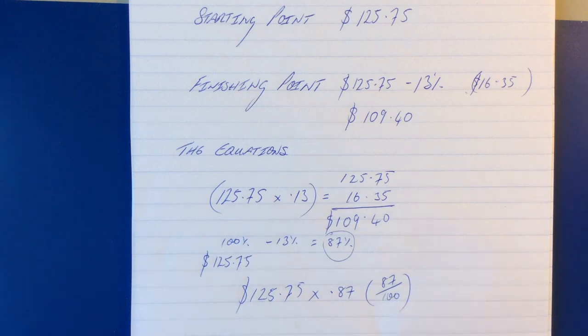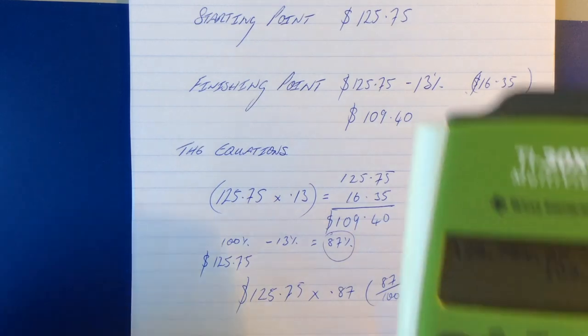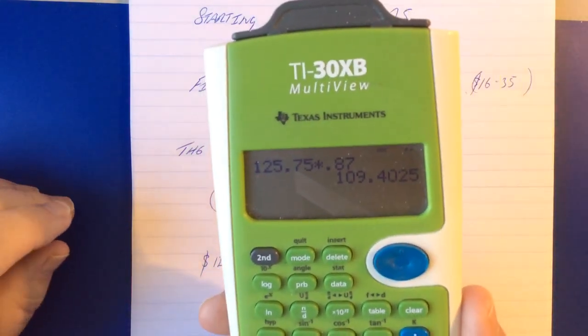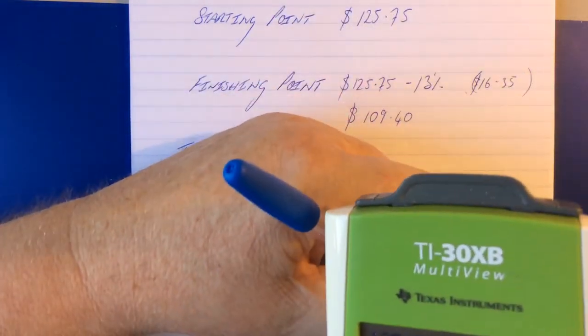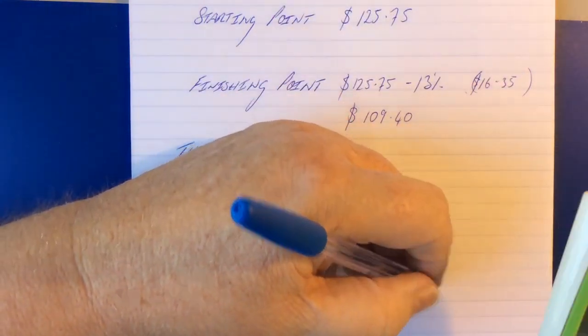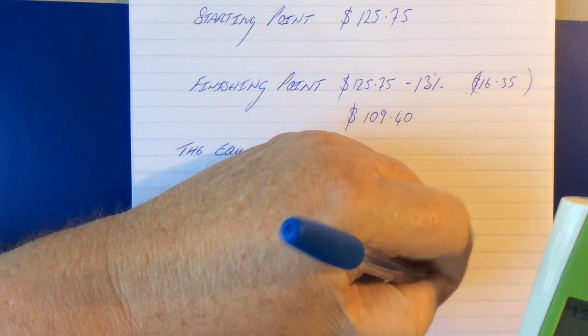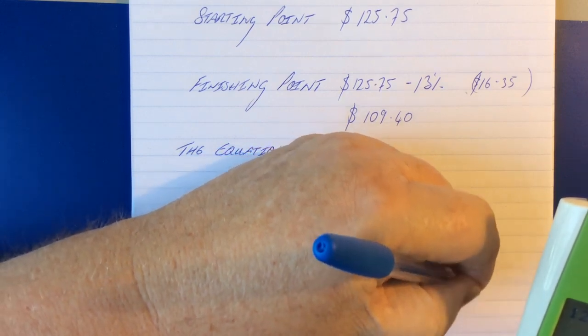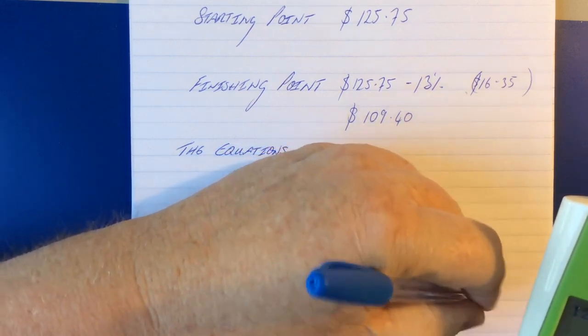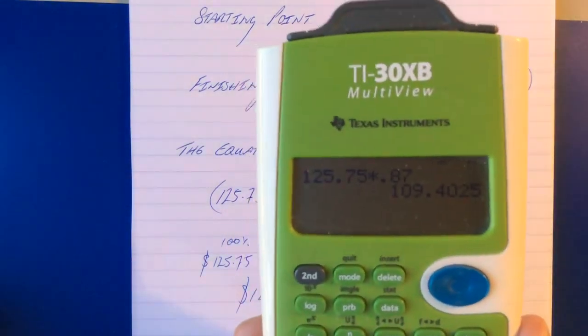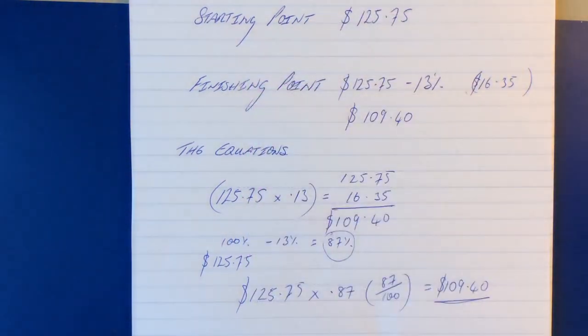Let's just see what we get for this. Well, there we are. $109.40, allowing for some rounding, and there will always be rounding, or nearly always be rounding with this.